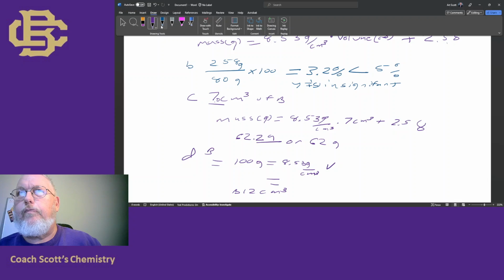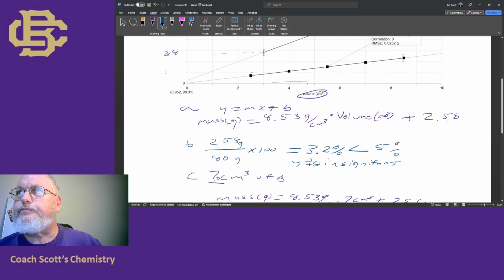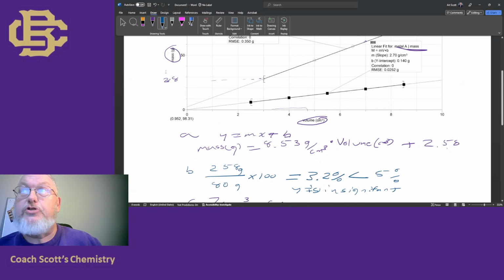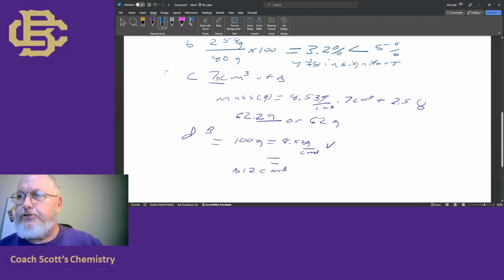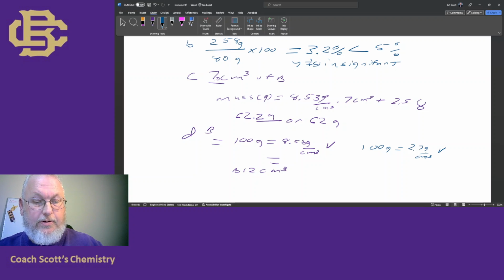Let's go to blue. Let's look at A. Go back and look at the slope there. Slope there is 2.7. Let's do this in blue. So 100 grams equals 2.7 grams per cubic centimeter times V. So 100 divided by 2.7 is going to give me 37.